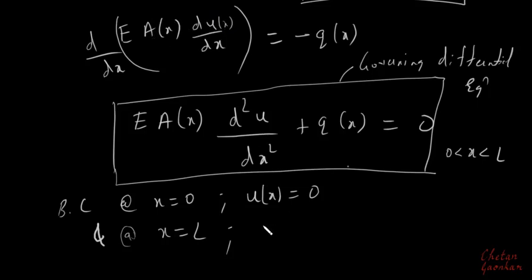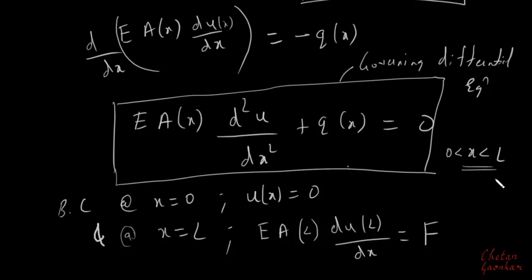Here we have a specific case wherein at x equal to L, that means all the x we replace by L, this force becomes equal to F. Now these are the two boundary conditions which are required to solve this differential equation.